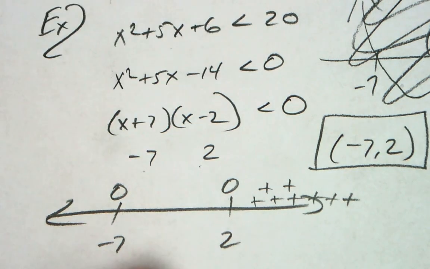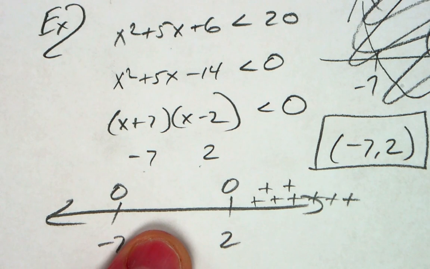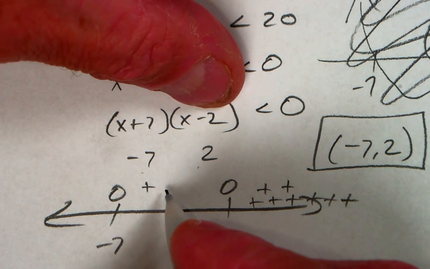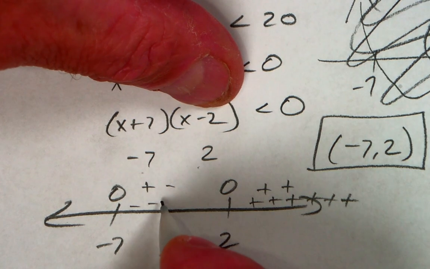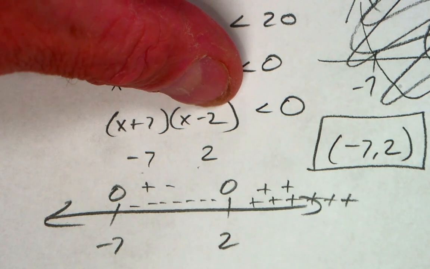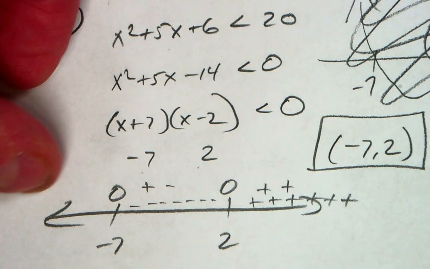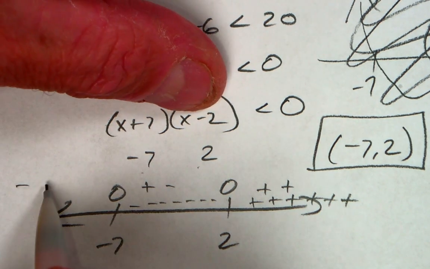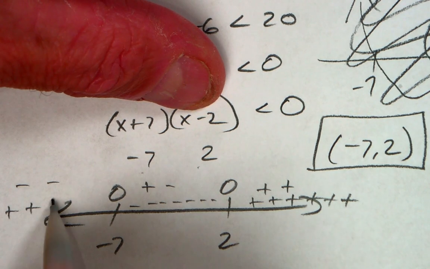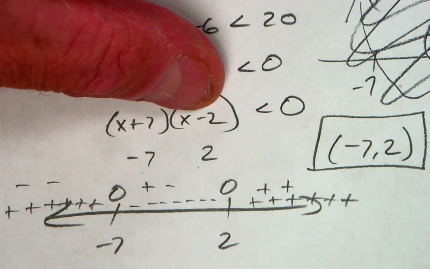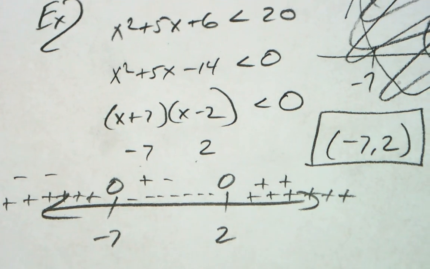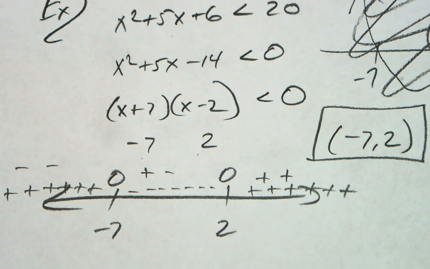Now let's do one between. Oh, I don't know. Let's pick 0. This part here, positive. This part here, negative. So everything here is going to be negative. Okay? And then if I pick negative 10, negative and a negative gives me a whole bunch of positives. Another way we could tell this is if we think back to your roots, a single root, you have a sign change at a single root.